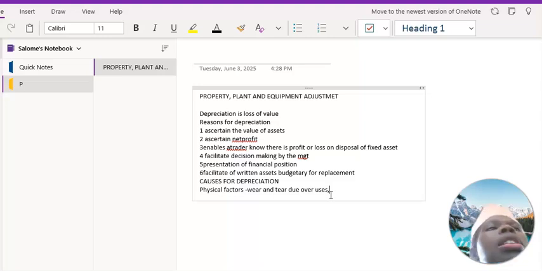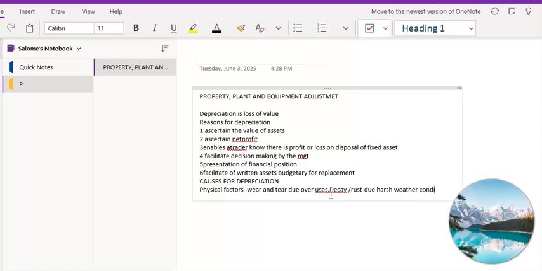When these fixed assets are exposed to decay or rot or rust, when they are exposed to harsh climatic conditions, so due to harsh weather conditions, that is one of the physical factors that cause loss of value of fixed assets.